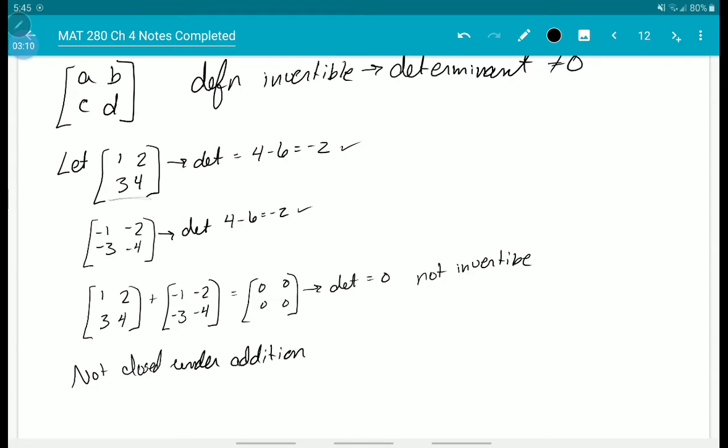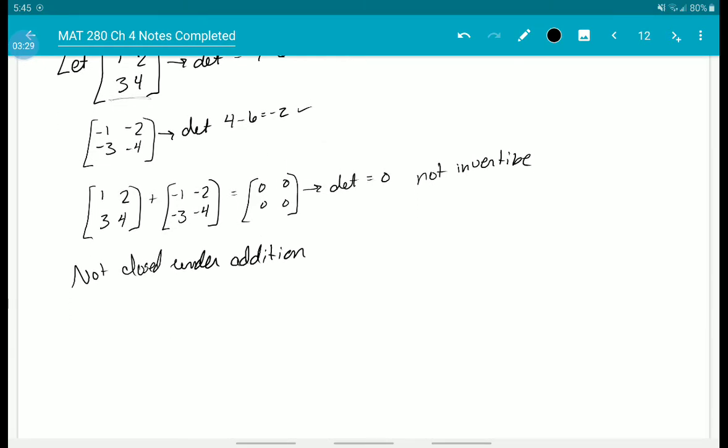So remember, it only takes one example to really just mess everything up for you. In this example, we had two matrices, both were invertible. However, that sum is not invertible. So we're not closed under addition. In fact, this guy's not even closed under scalar multiplication. Remember, scalars can be anything.